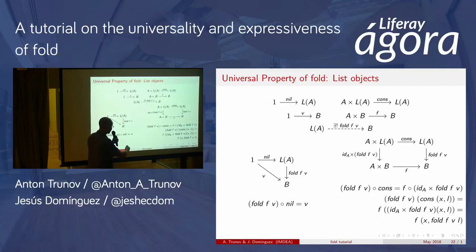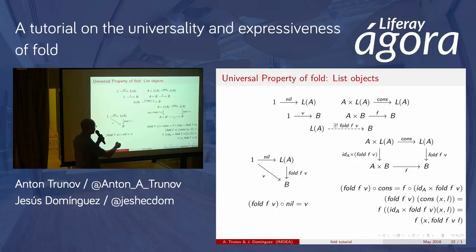Now, before explaining what these equations are saying, let me tell you one more thing. I ignored this bang thing in what I was saying. This is saying that this function that exists is unique. Unique in the sense that any other function that makes these two diagrams commute will be equal to fold.